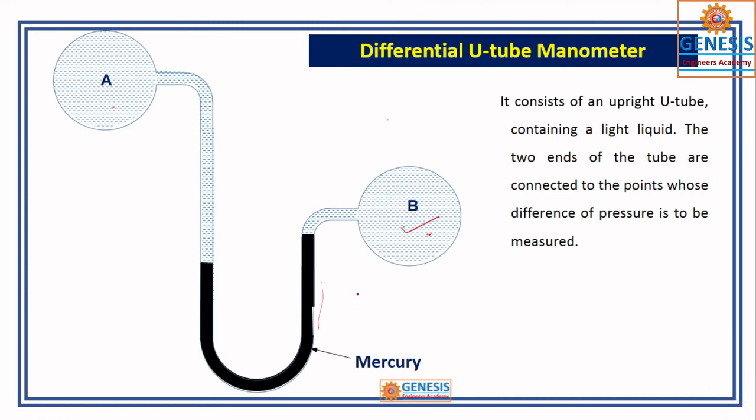You can observe that difference from this diagram. Nothing else is needed here. Only the pressure difference is given, so this height is enough to calculate it. You can simply calculate that.